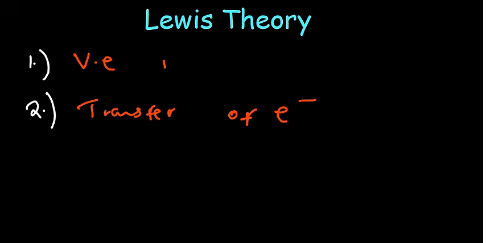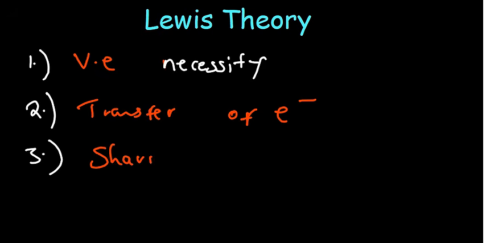So we've talked about valence electrons being very necessary in terms of bonding. Number three, electrons are shared to form covalent bonds. So there's an aspect of sharing of the electrons. Now remember that the first foundation point is valence electrons are the ones that are involved, that can be transferred, and as well as shared.